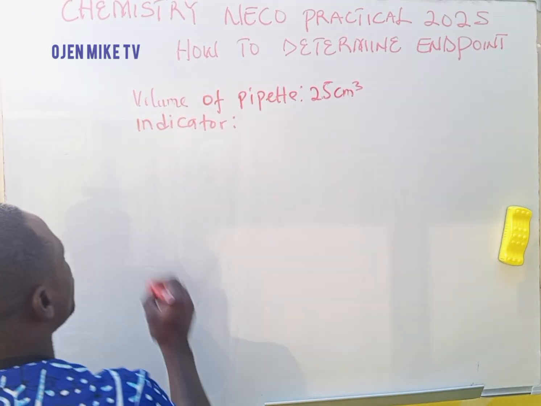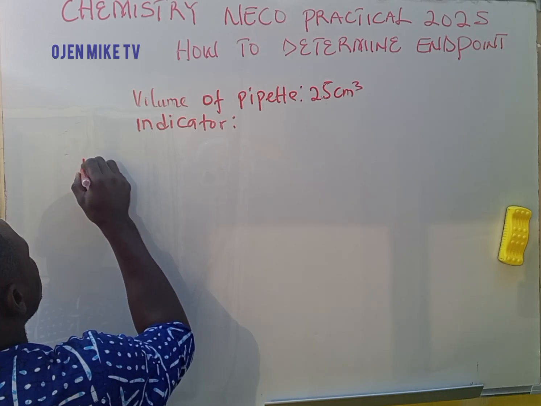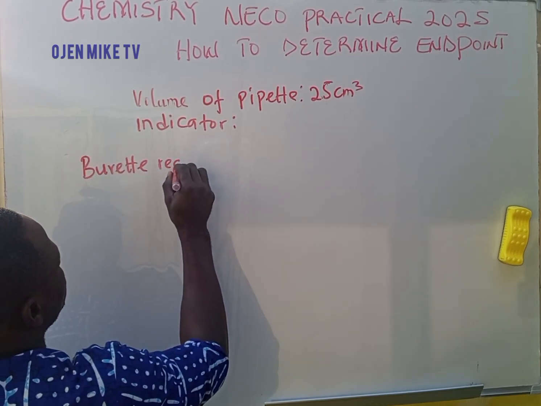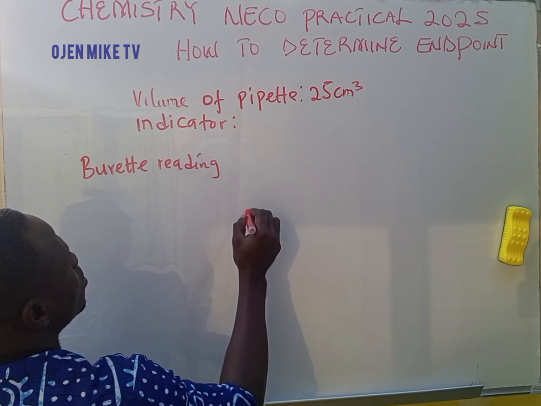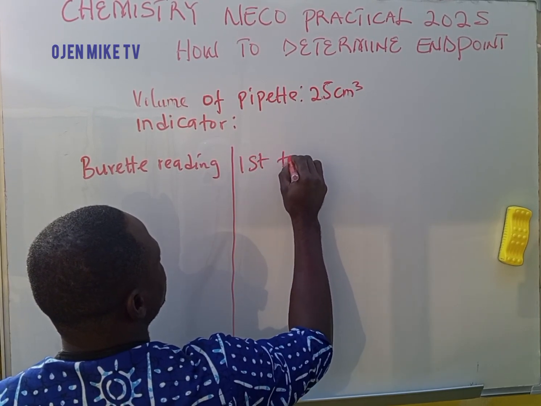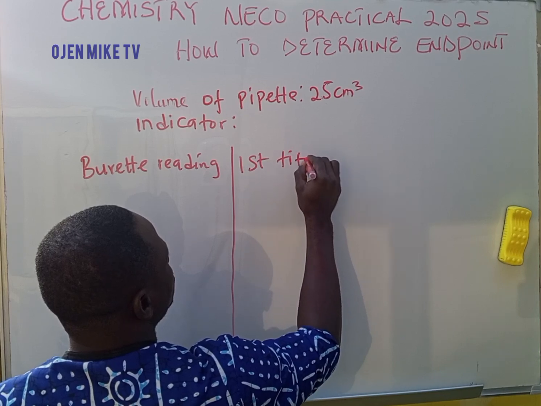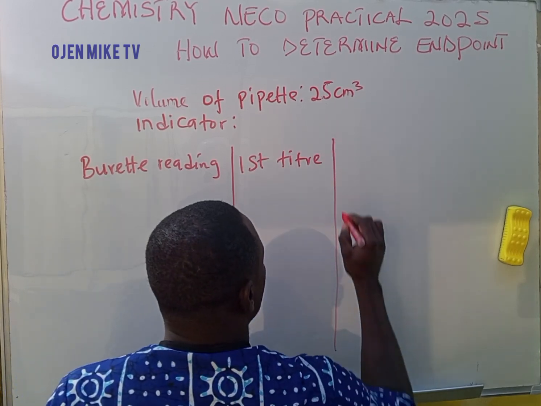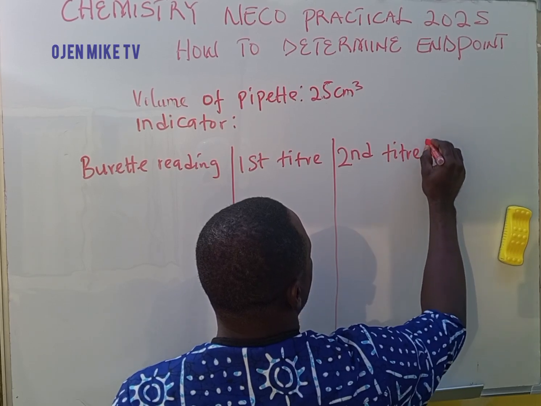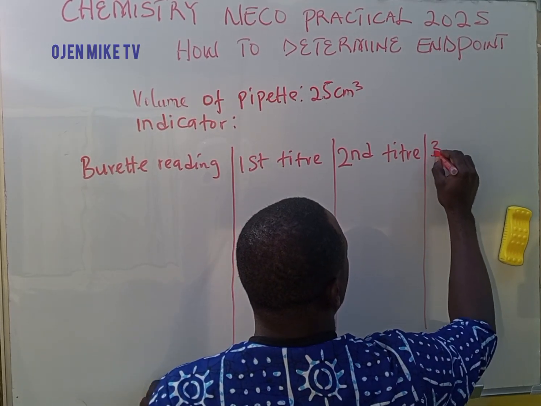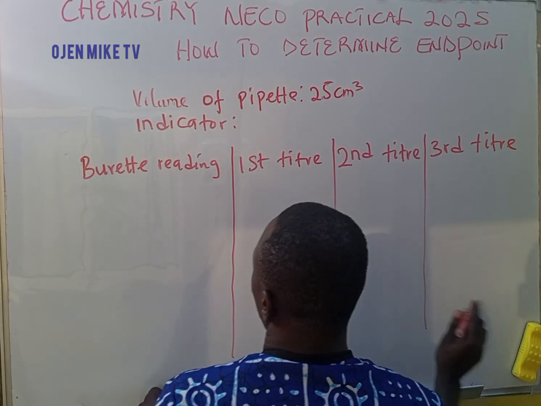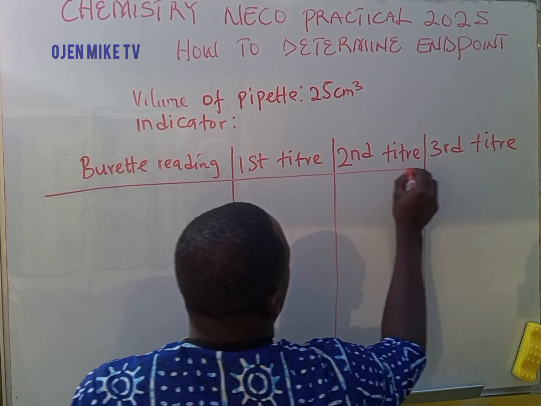Now you go back and draw your table. The table is you have burette reading, you have first titre, you have second titre, and you have what? Third titre. This is how your table should look.